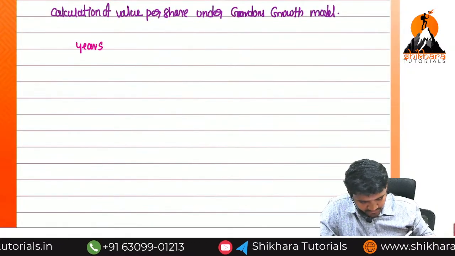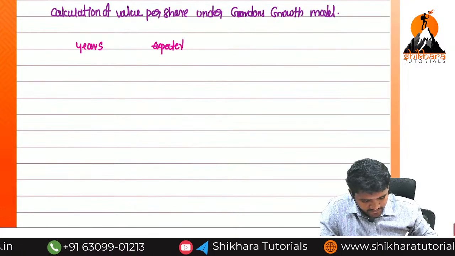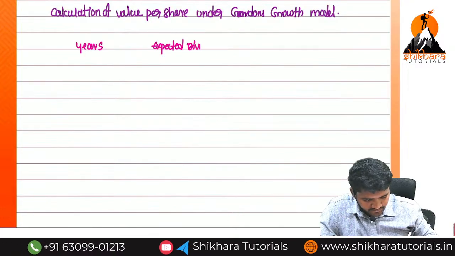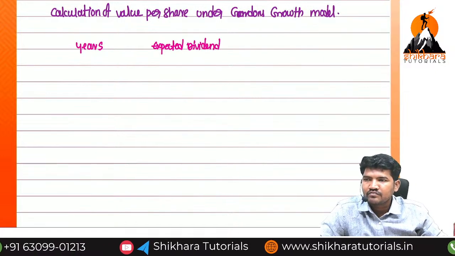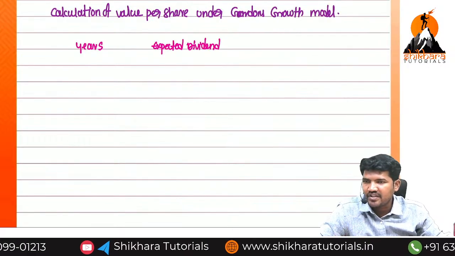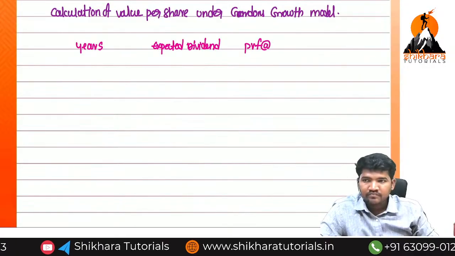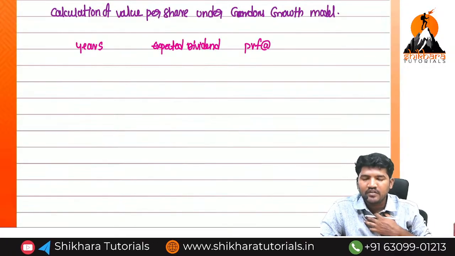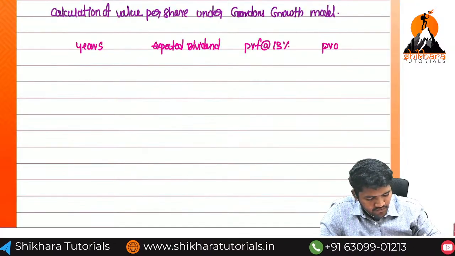Years, expected dividend. Do you want the present value factor? Why? Because 3 years means year 1 ending, year 2 ending, year 3 ending. Present value factor at the rate of 13%. So you will get the present value of expected dividend.